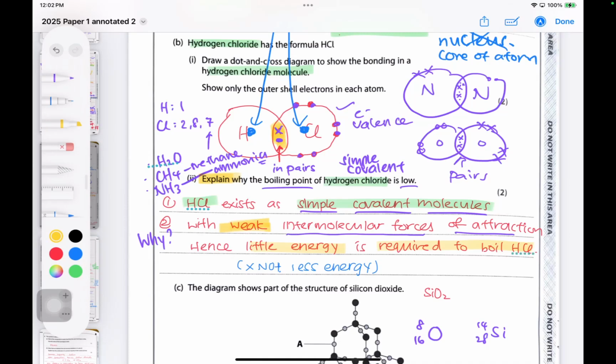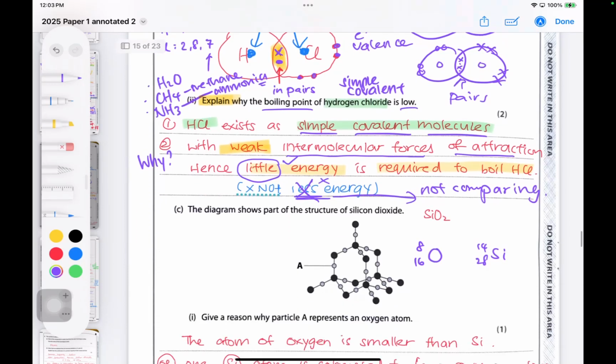One thing to take note of here is the correct word to use is little energy. You should not be using less because you are not comparing with another substance. They are really strict on this, so please take note of that. You are not comparing, so you cannot use more. So you use little or no or high energy if you are doing the opposite for ionic bonding. So take note of this.